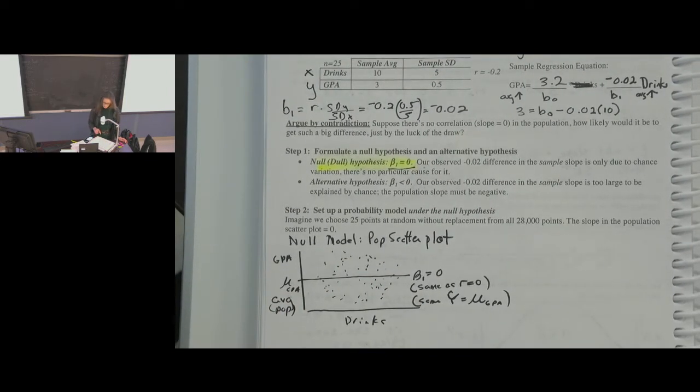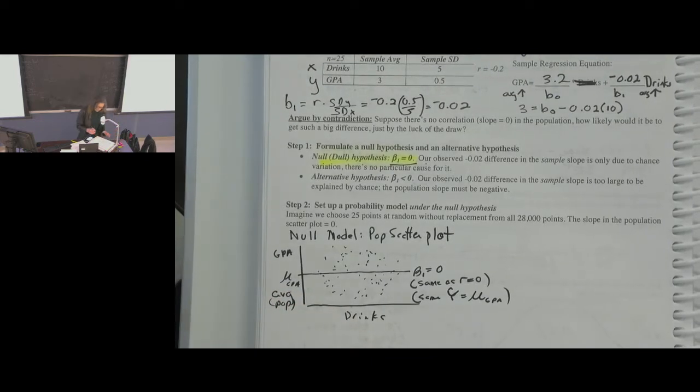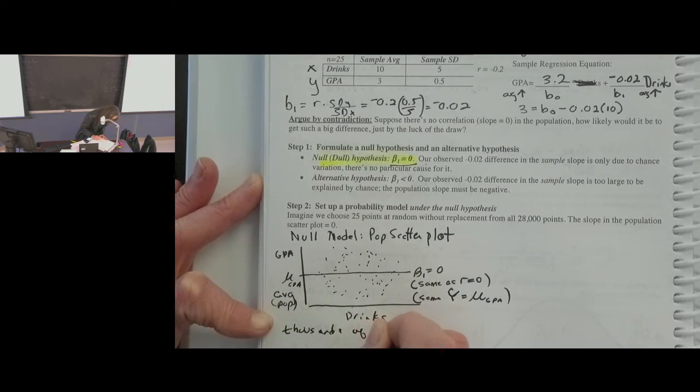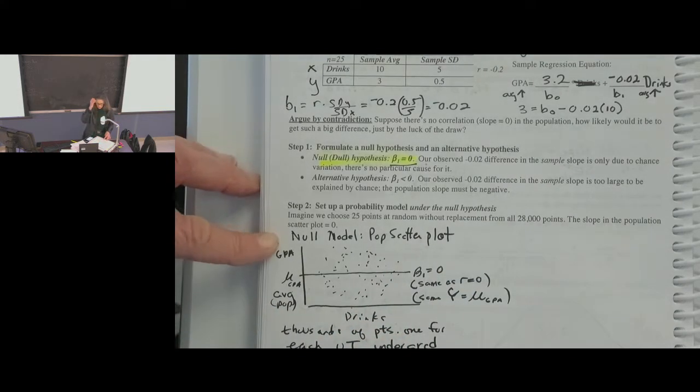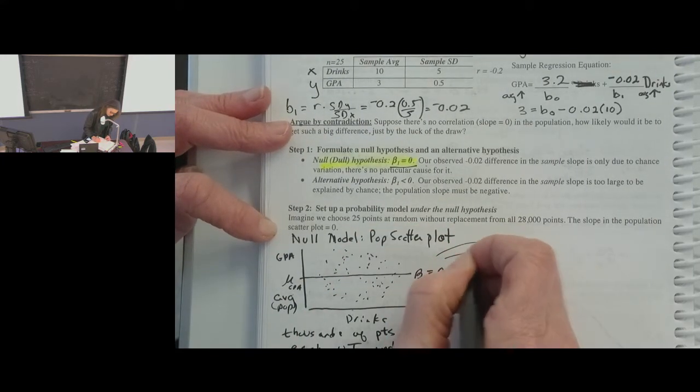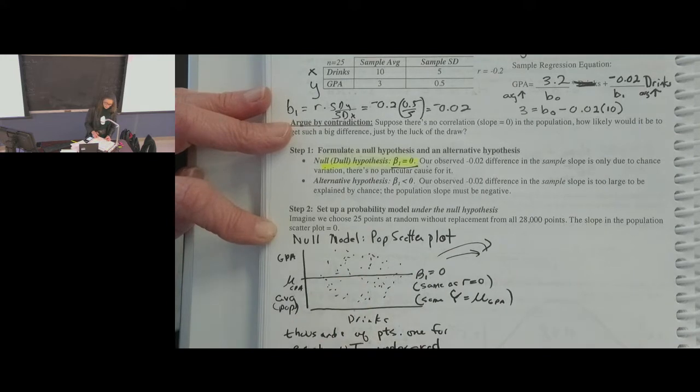And how many points in here? There's thousands of points, again, one for each UI undergrad. And what are we doing? We're randomly sampling from here.